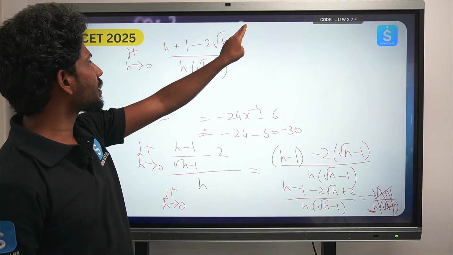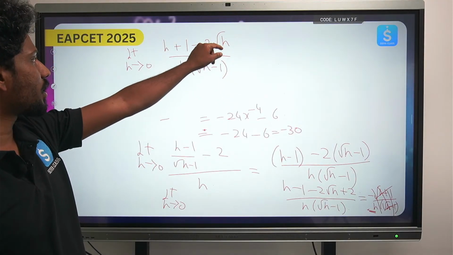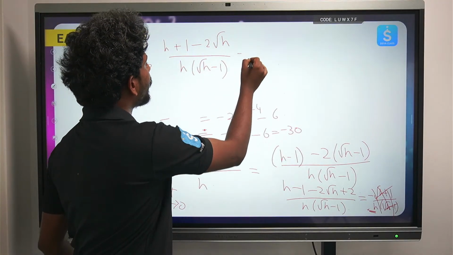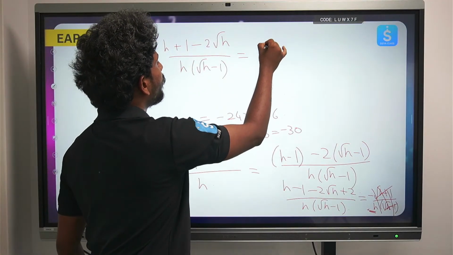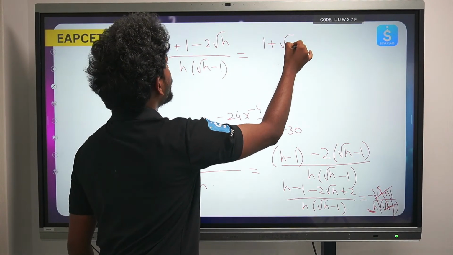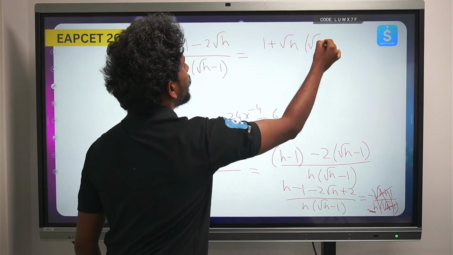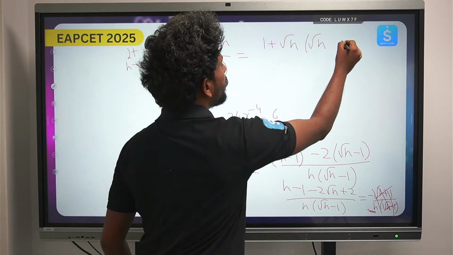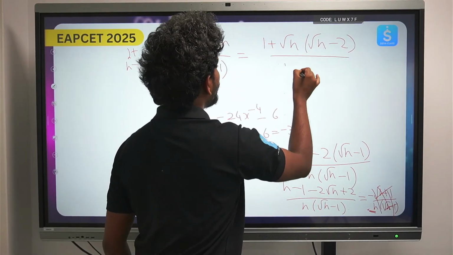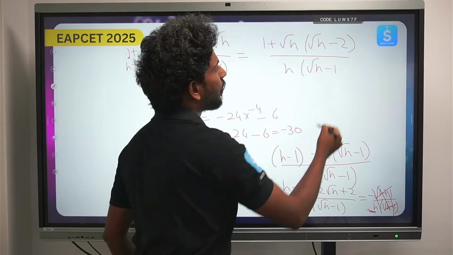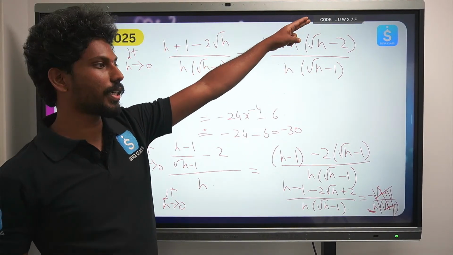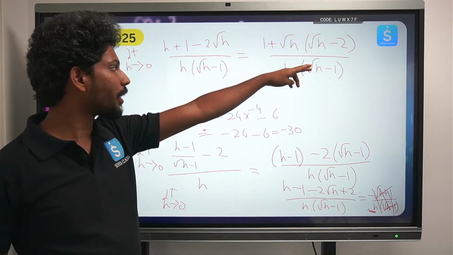Now if you try to multiply root h minus 1 and root h minus 1, and take something in common, please see here: 1 plus root h into root h minus 2 by h into root h minus 1. Here you just multiply root h minus 1 in both numerator and denominator and then find this limit value.